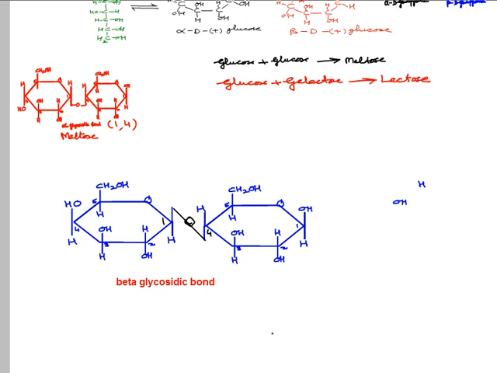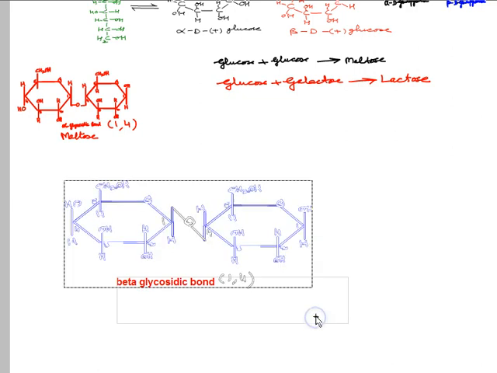Beta glycosidic bond, we write 1 and 4. So this is how you can do all this. Be careful while doing it. Not very difficult, as I keep telling you in this lesson, but you need a slightly basic understanding of chemistry or organic chemistry as we call it. Right. So this becomes your molecule of lactose.